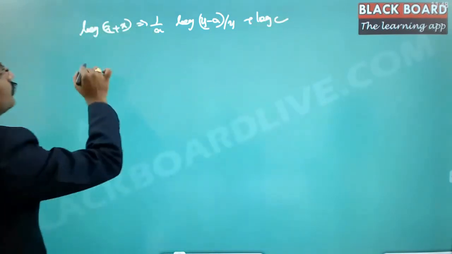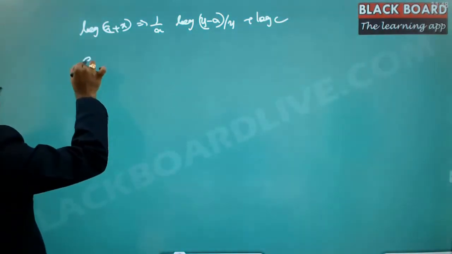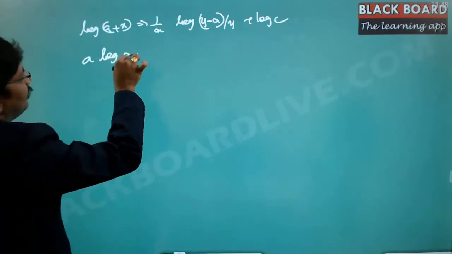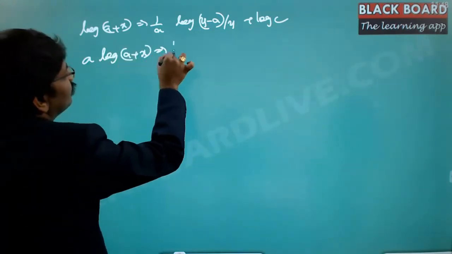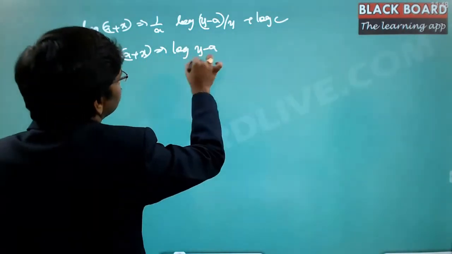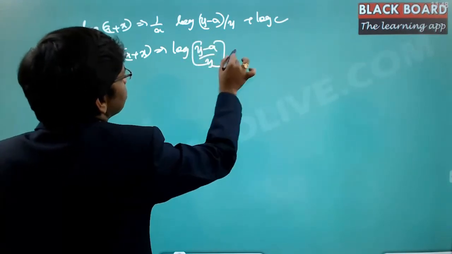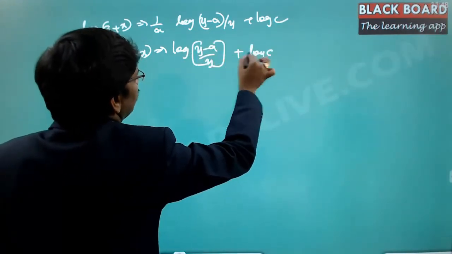So this a if you take onto the LCM, this becomes a log of (a plus x) is equal to log of (y minus a) by y plus a log c.